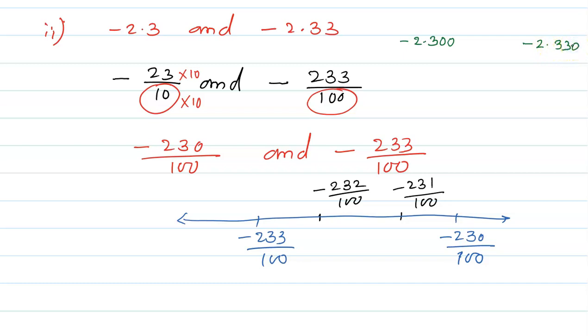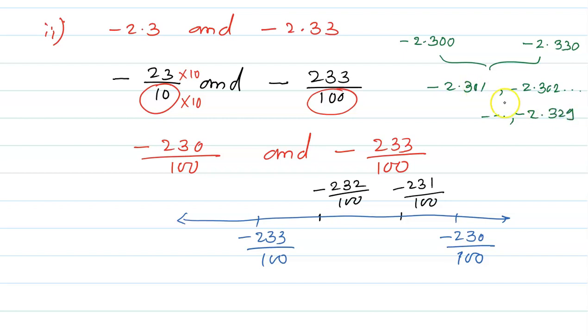So now we can write the decimals in between them, of the form minus 2.301, then minus 2.302, and so on up to minus 2.329.